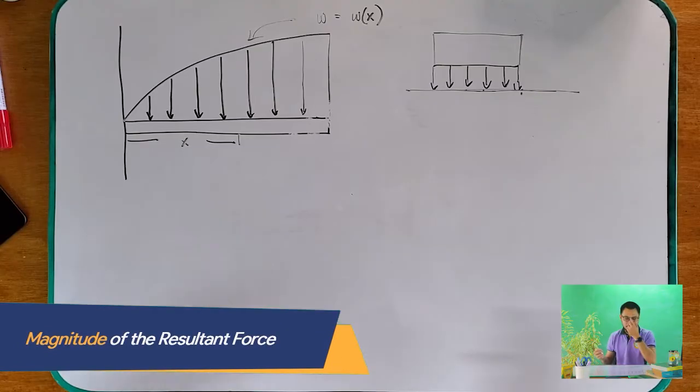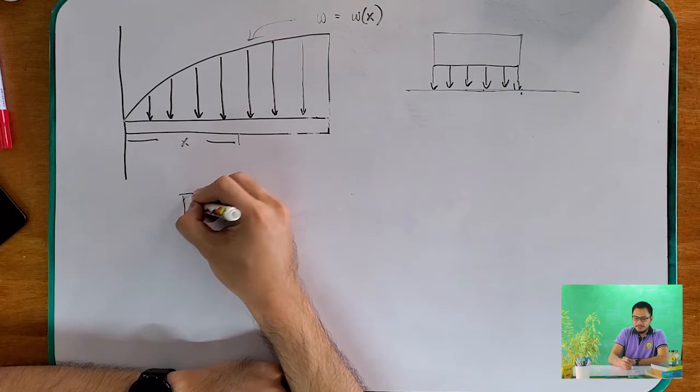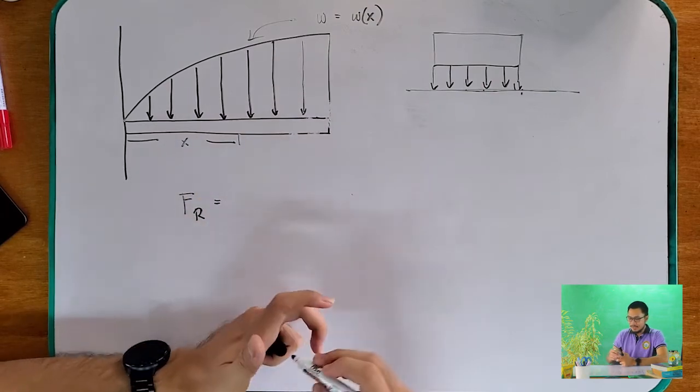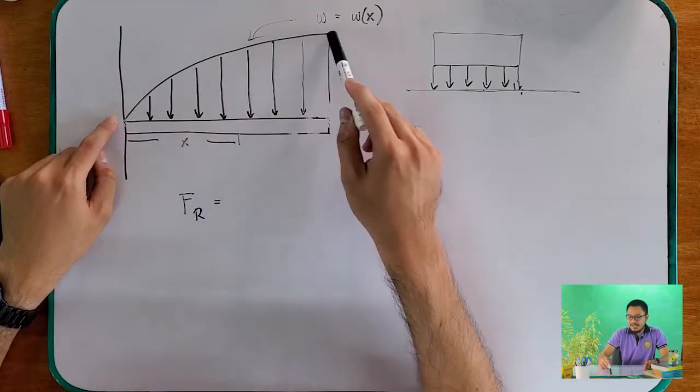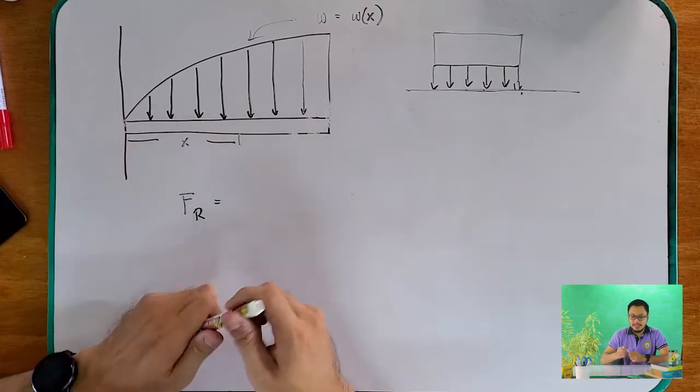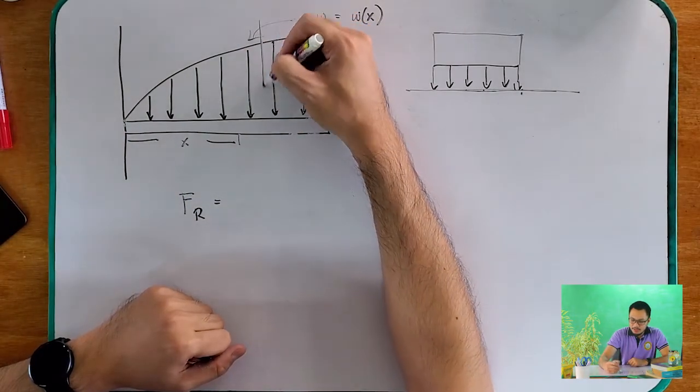Okay? What are we going to do? We have this equation to get down your resultant force. Okay? Again, the goal here is to simplify this distributed loading into one single resultant force.